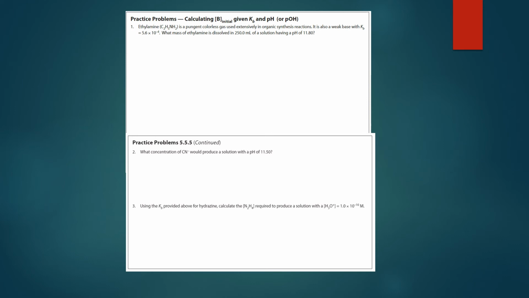In the next two questions, you're going to be expected to calculate a Kb using the chart. And just be careful about what they're looking for, because you also may be required to use stoichiometry to find mass. So there's the solutions for those three problems. Again, if you're having difficulties with it, just set up an appointment with me or send me an email and I can work you through the full solution.